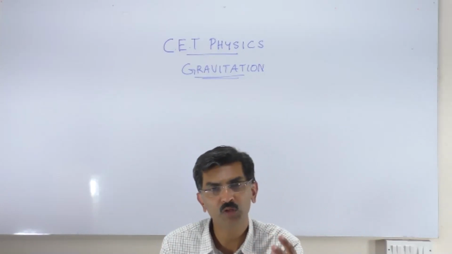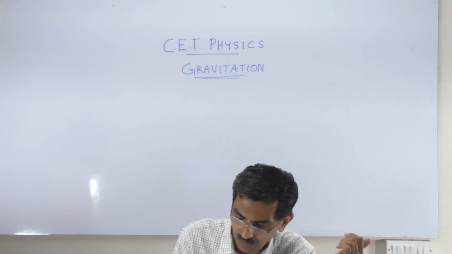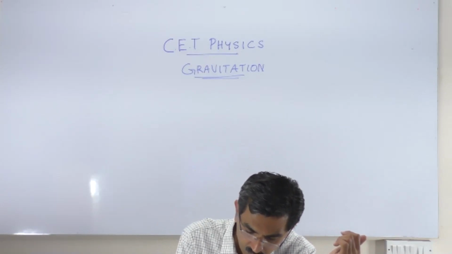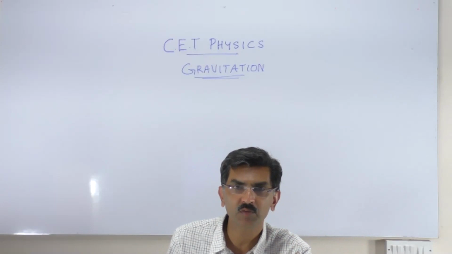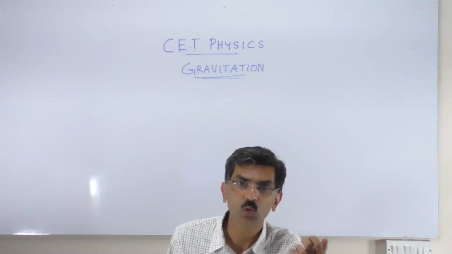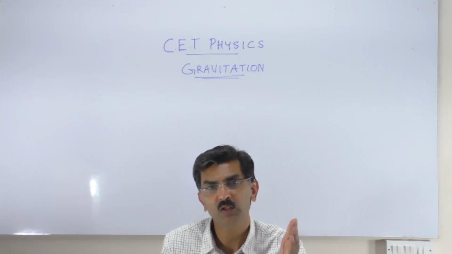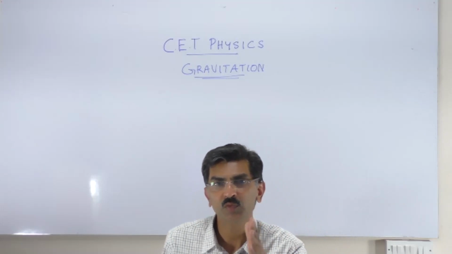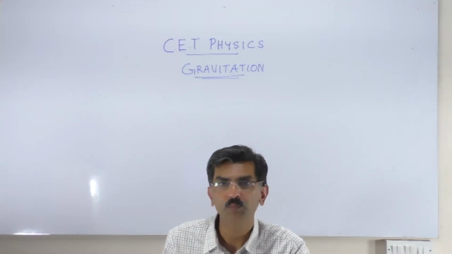So no extra work is being done on the satellite. So work done by the gravitational force is zero. Remember, there is only one force acting on the satellite, and that is perpendicular to its instantaneous velocity. So work cannot be done by a force which is perpendicular to the direction of displacement. So the work done is 0.